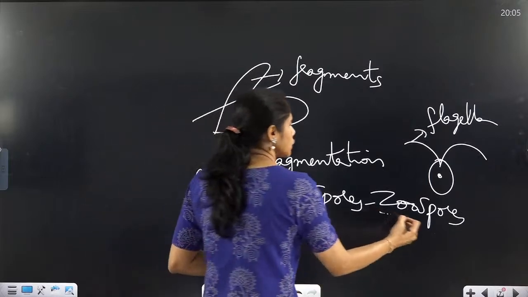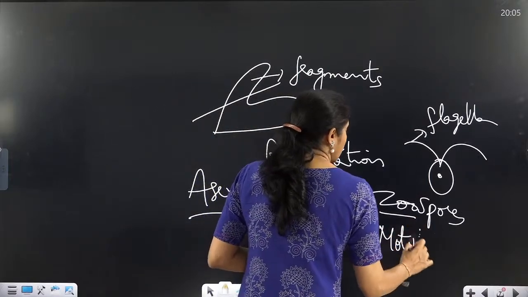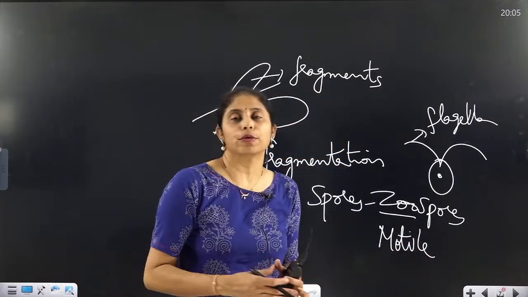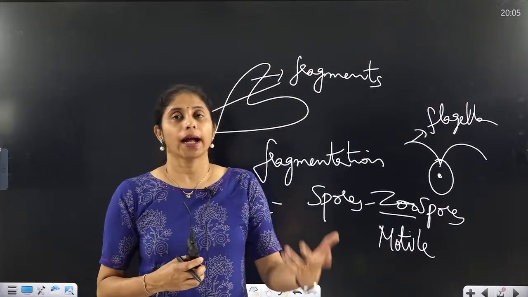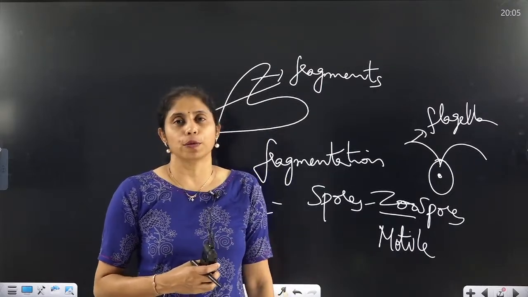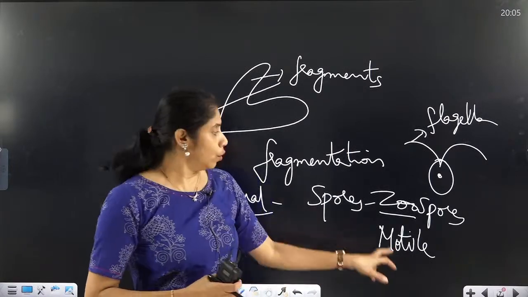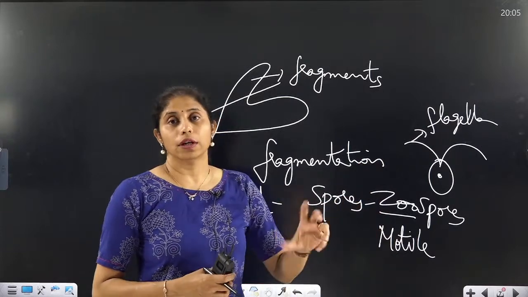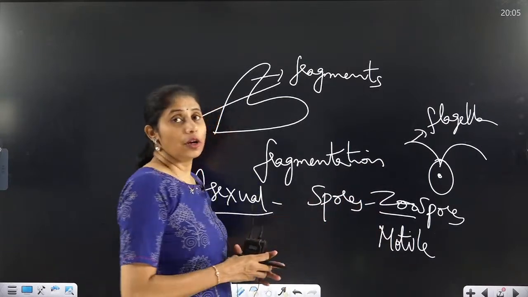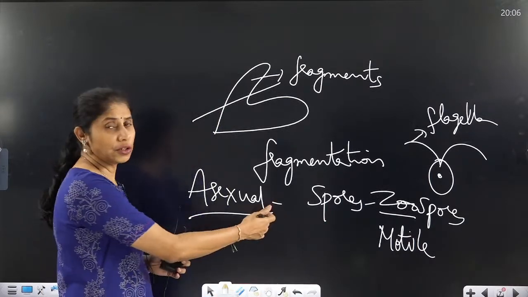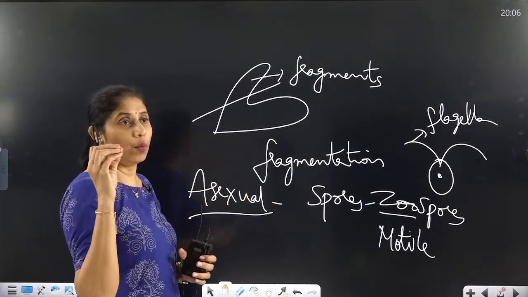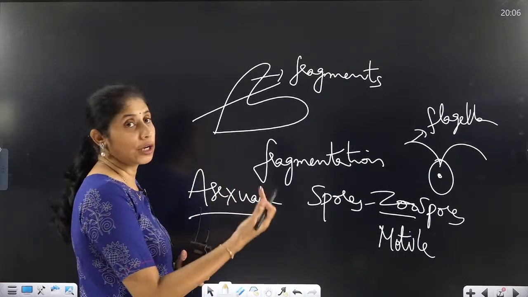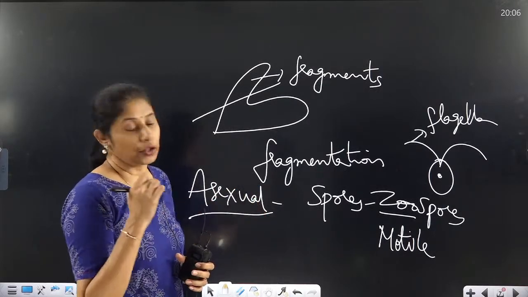In all aquatic algae, generally this type of motile zoospores is present. All the remaining spores which you are going to learn, like aplanospores, hypnospores, and others, are non-motile. Only zoospores are motile, because they contain flagella. They can move or swim in the water. So asexual reproduction is done basically by spore formation, and zoospores are the best example because they are motile.